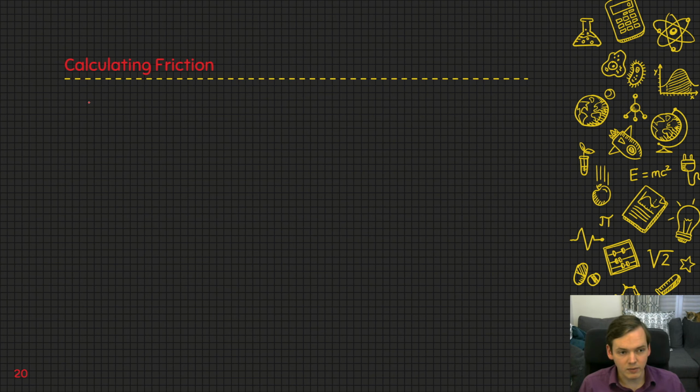So if we want to calculate friction, we have two kinds. We have static friction, and in this case, the force of friction will be less than or equal to mu s times Fn, and then kinetic friction will be equal to mu k times Fn.